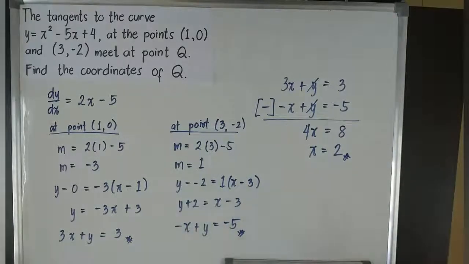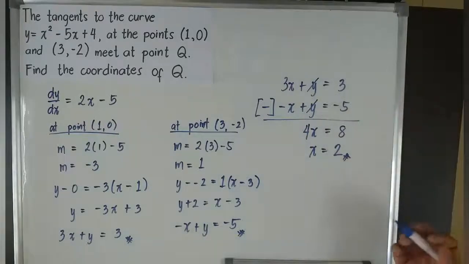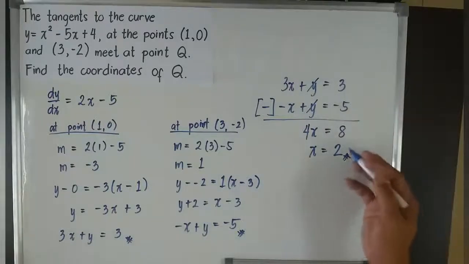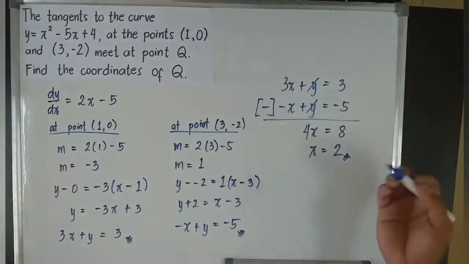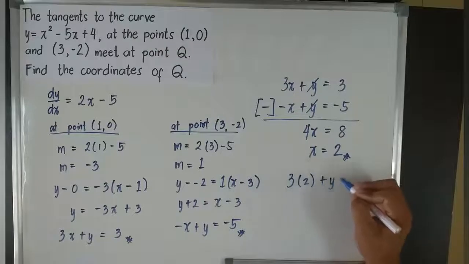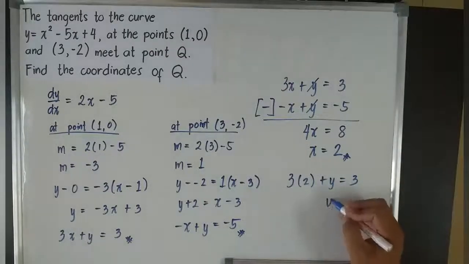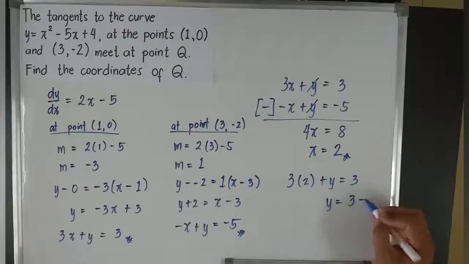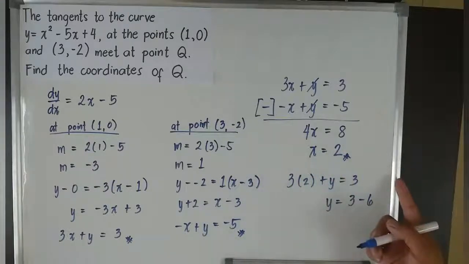How about the y coordinate? You can substitute the value of x, which is 2, into either of these two equations. So 3 times 2 plus y equals 3. Next, 3 times 2 is 6, so subtract both sides by 6, and it will become y equals 3 minus 6.